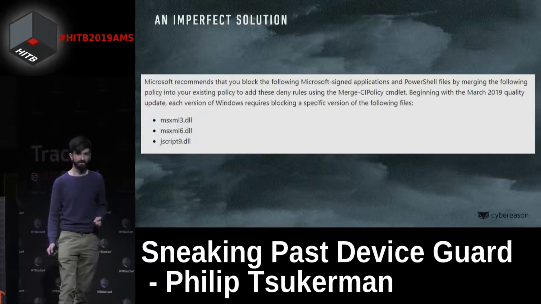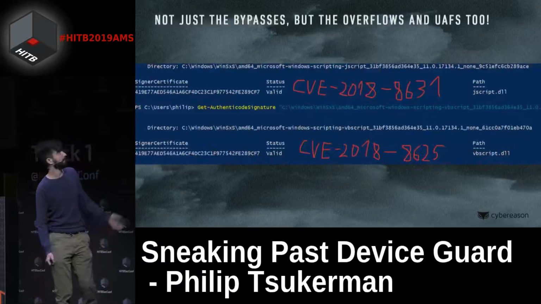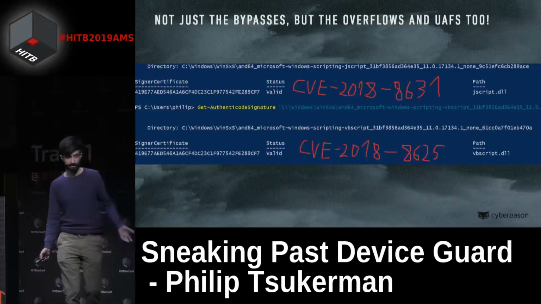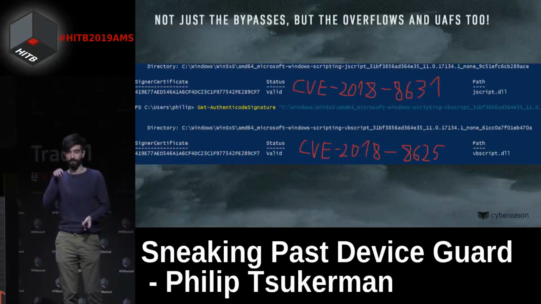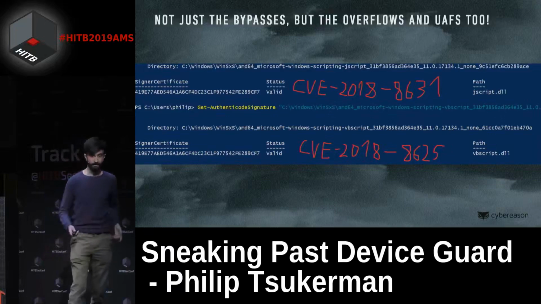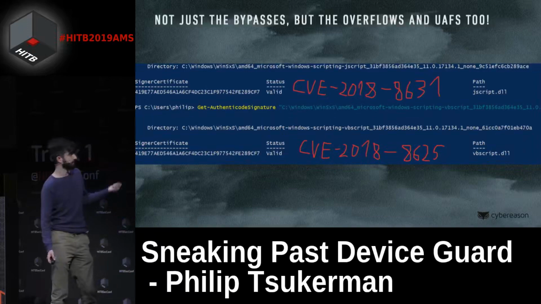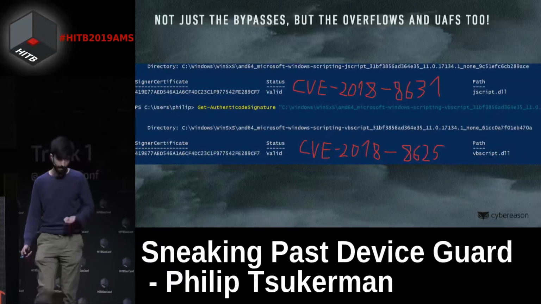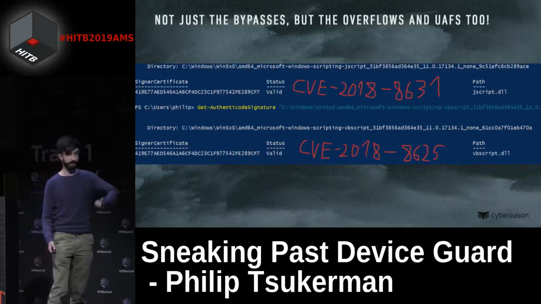Also, this is not only applicable to device guard bypasses, because you could always turn a regular RCE into a device guard bypass. I'm so sorry for the font. I basically drew it on a laptop with paint at night. But as you can see, these are a couple of, I think, Project Zero bugs that were found in JScript and VBScript. And both of these actually still exist on the machine.